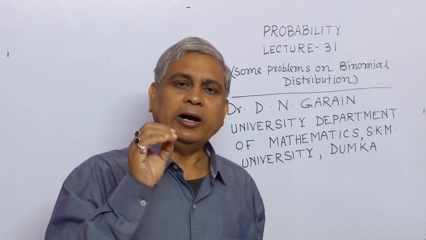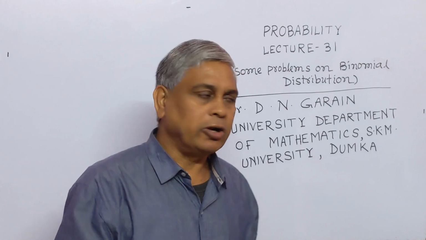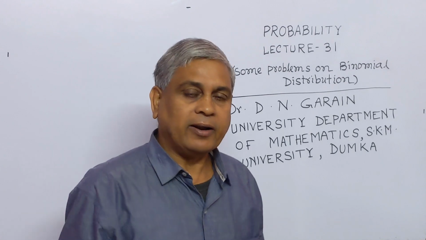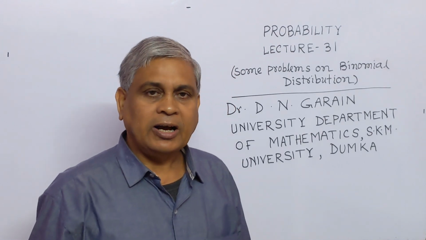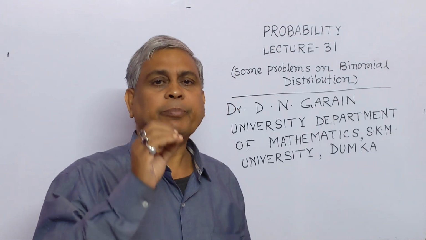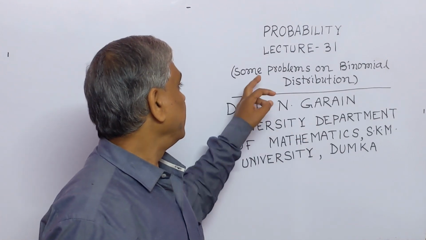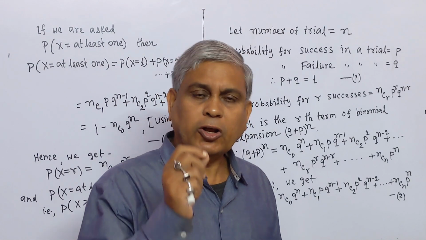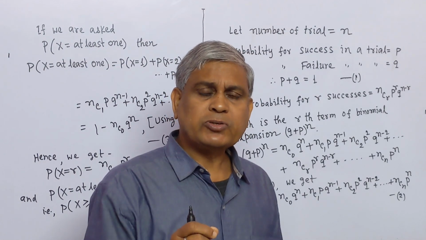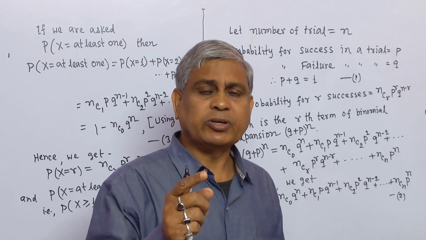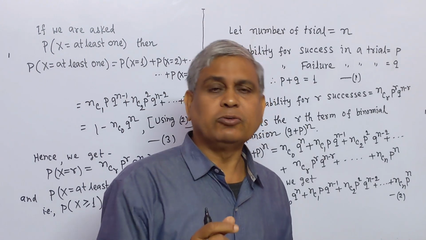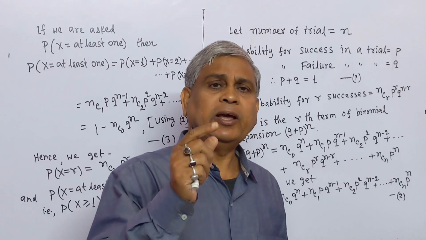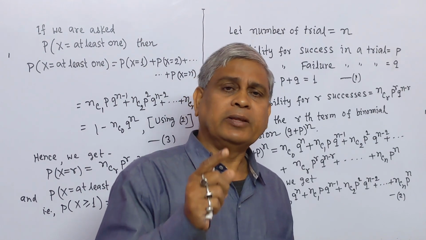Today, I will deliver lecture on probability, lecture number 31, in which I will solve some problems on binomial distribution. Before solving the problems on binomial distribution, we would like to remind some concepts which will help to solve the problems.